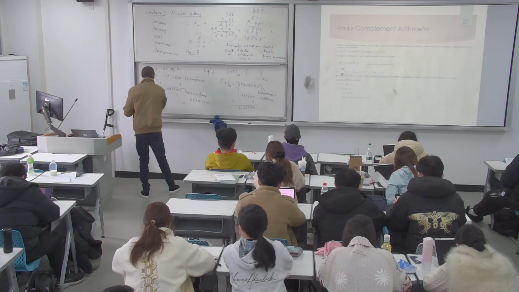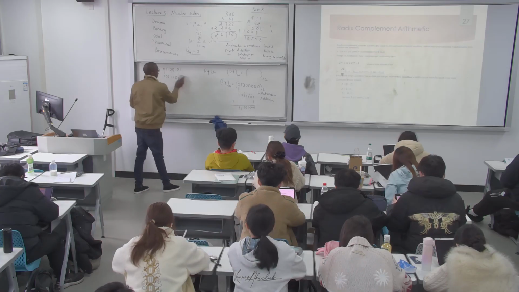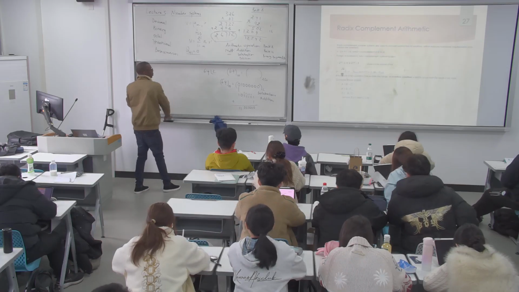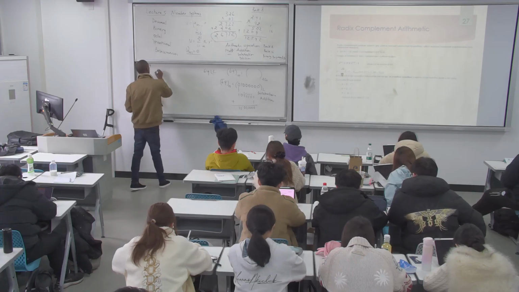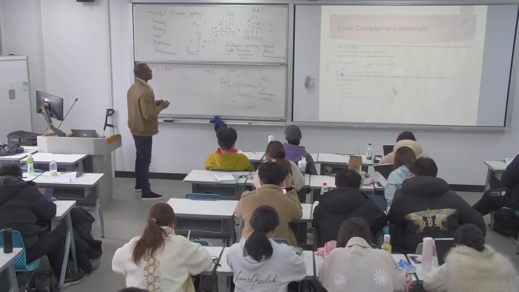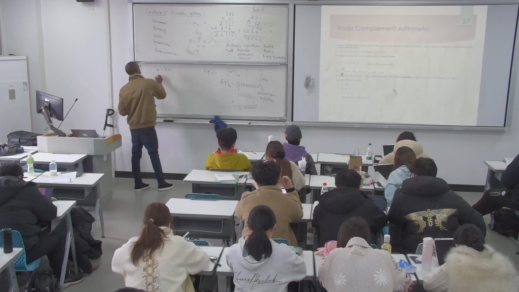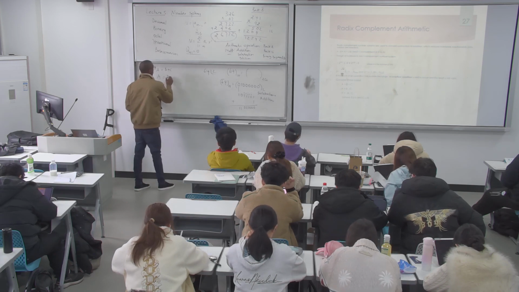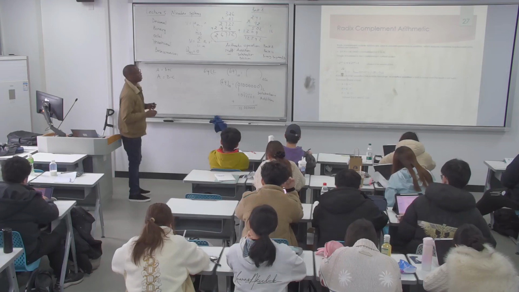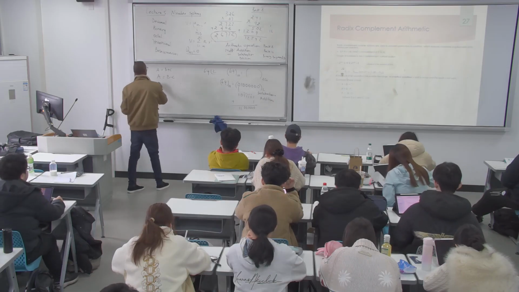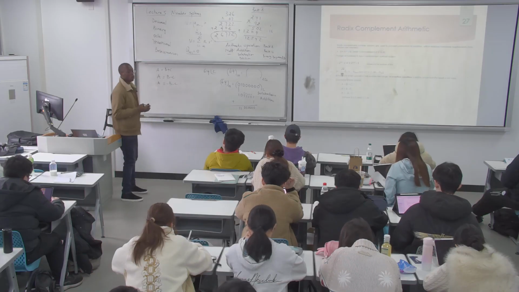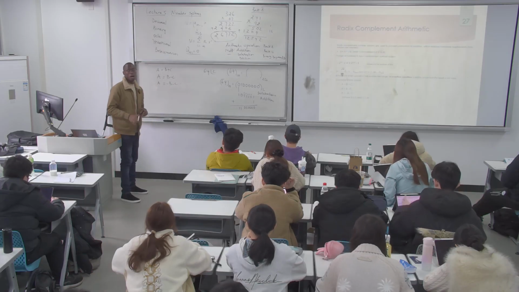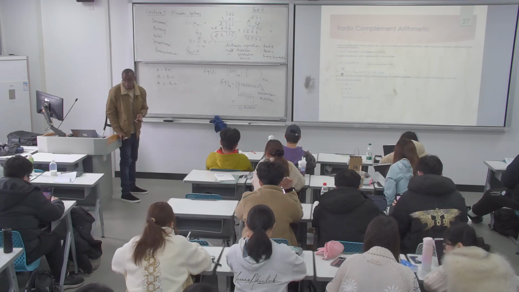We have A equals B plus C. And we have A equals B minus C. And we have A equals minus B minus C. So we need to know why it is very important to have the 2's complement of a negative number.